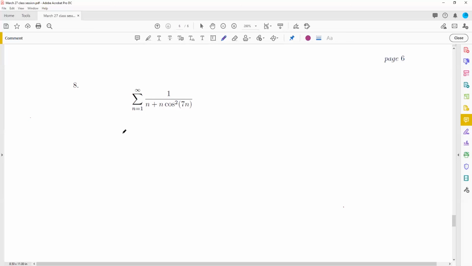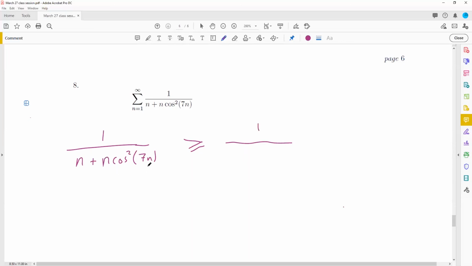Okay, so this is actually going to be divergent. But in order to show divergence, you need greater than something, which doesn't really seem that possible.